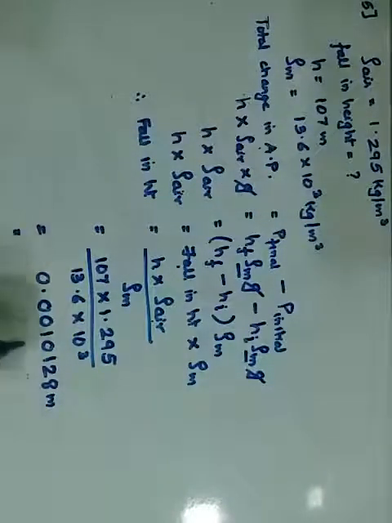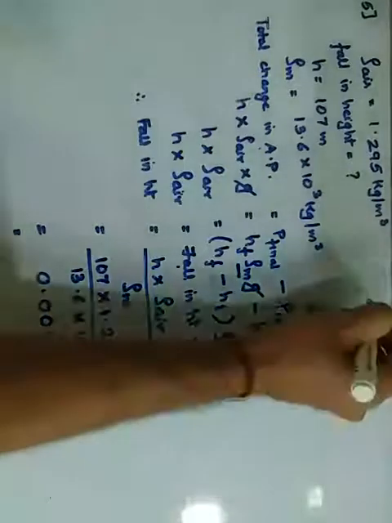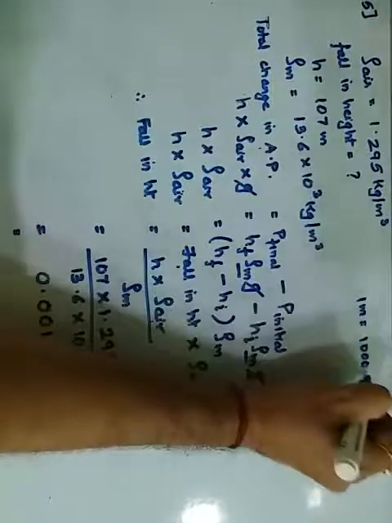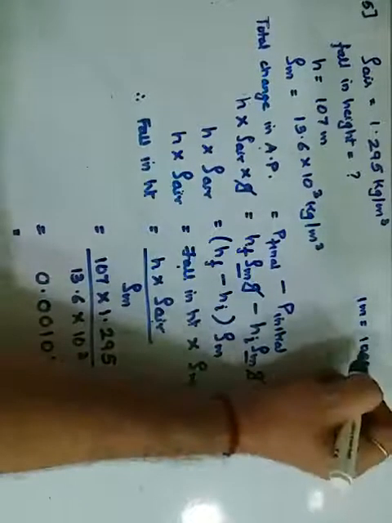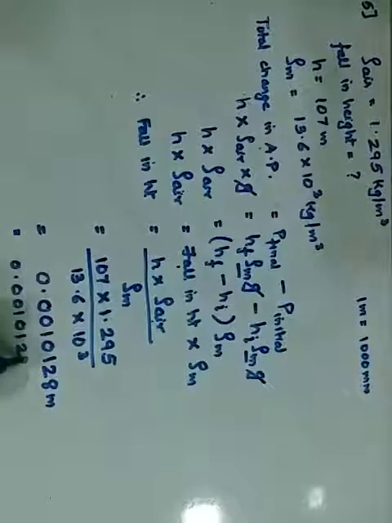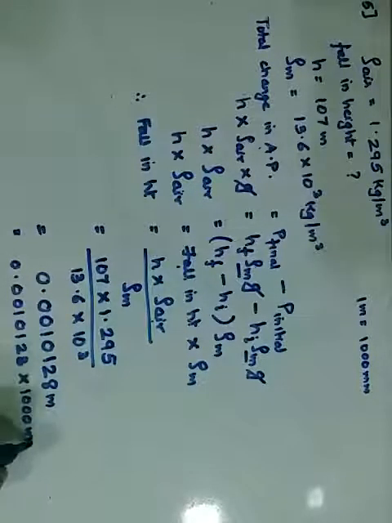So what we do is multiply this by 1000, because we know that 1 meter is equal to 1000 millimeters. So 0.00100128 into 1000 will give you the answer in millimeters.